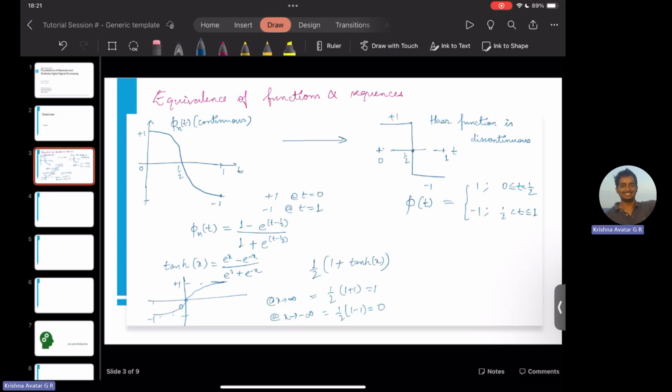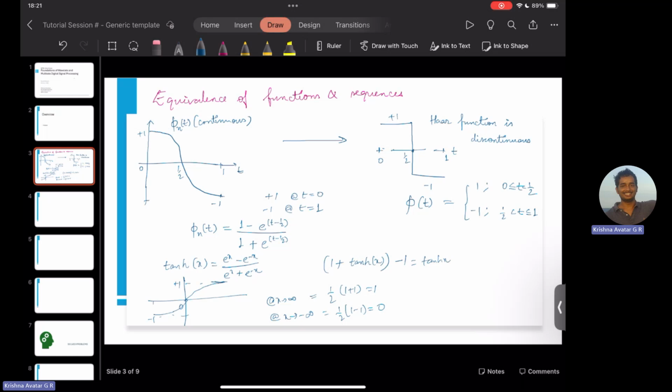Now we can just vertically shift this and scale it likewise. For example, instead of having half here, just remove the half, so it will be 2, and if you subtract it, then we are getting back the same expression, which is tanh of x.